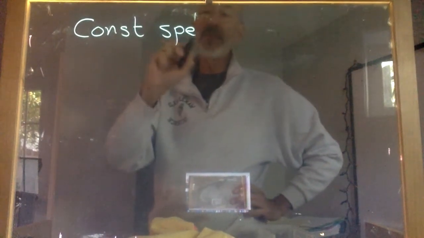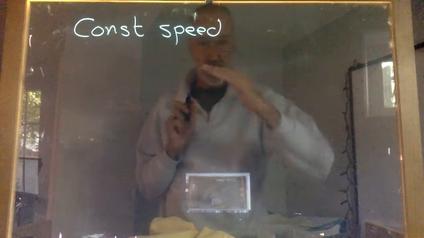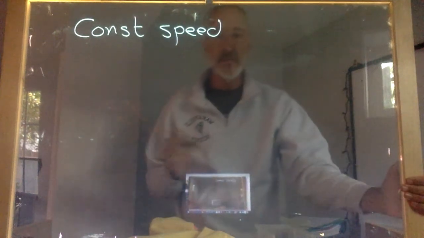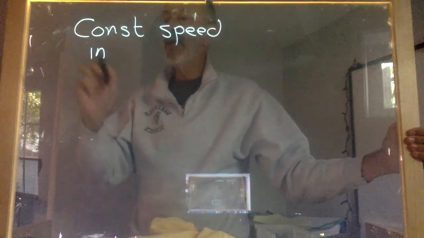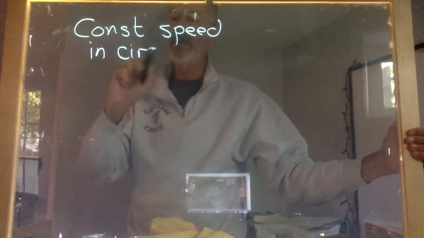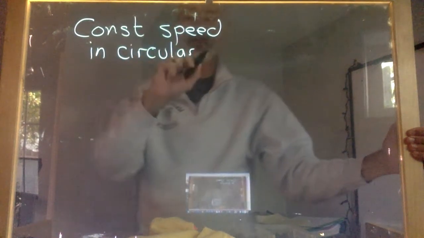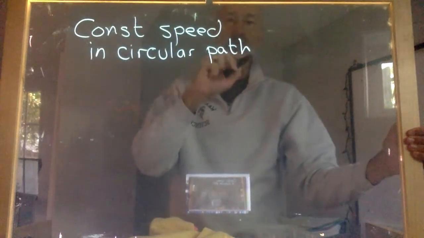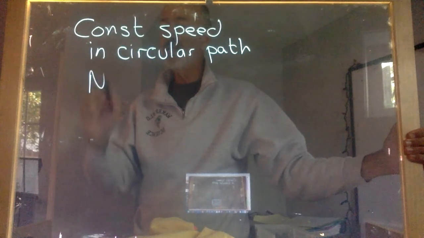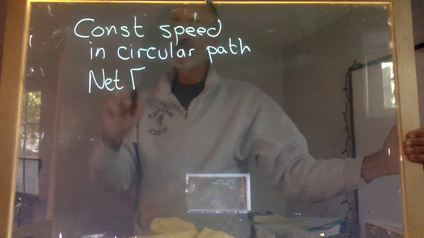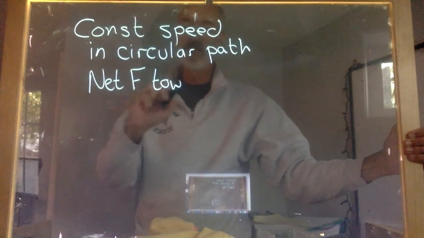Anytime an object is moving at a constant speed, and I'm using speed instead of velocity because the velocity is constantly changing, so the magnitude of the velocity is constant in a circular path, we say it experiences a net force towards the center.